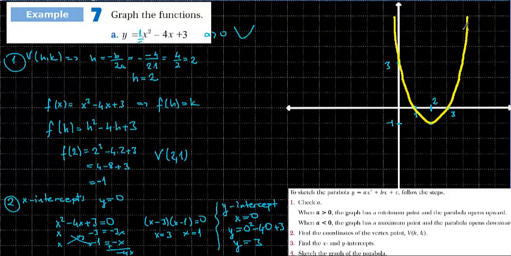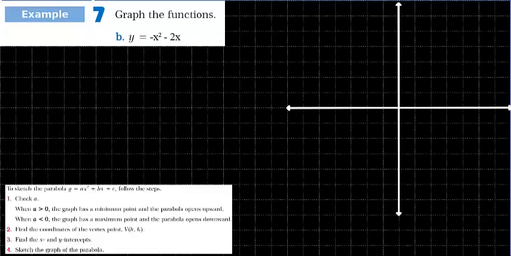So this is y equals x squared minus 4x plus 3. Now the question here: y equals minus x squared minus 2x.